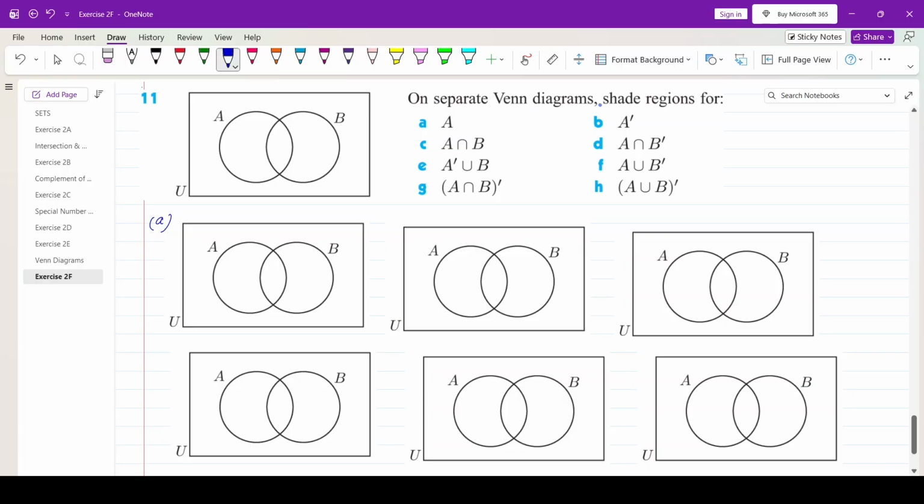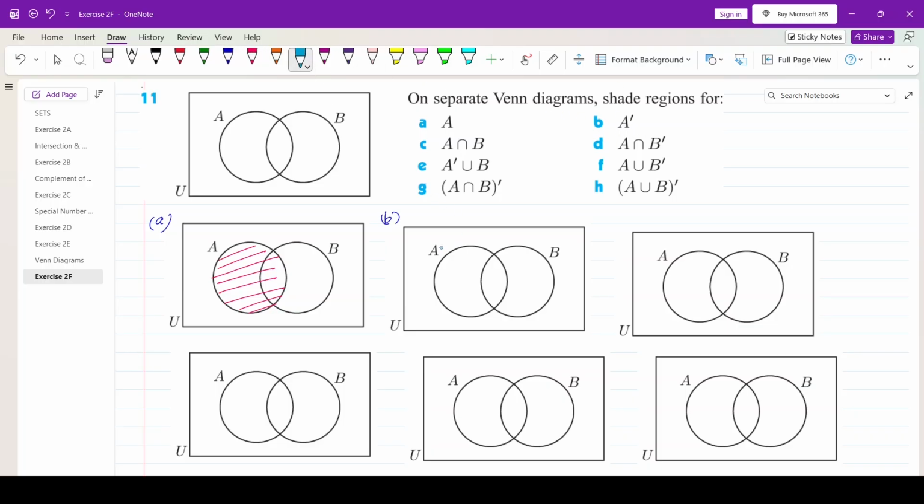On separate Venn diagrams, shade regions for A. So the region for A will be this. Part B says A complement.